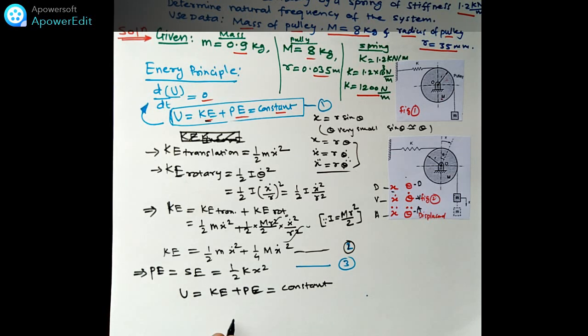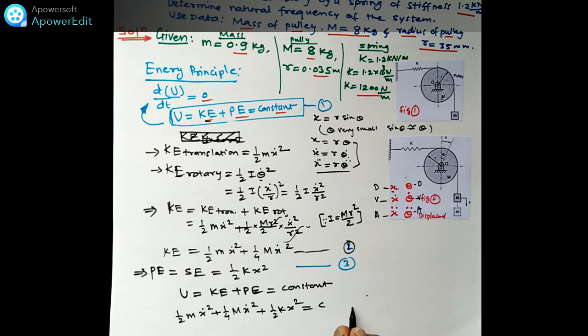I will put here these values of K and P: half m x dot square plus 1 by 4 capital M x dot square plus half k x square, which is equal to constant C. So this is the equation for U.